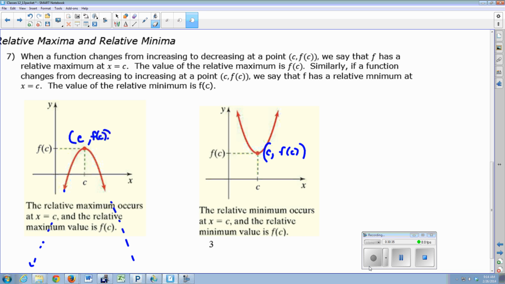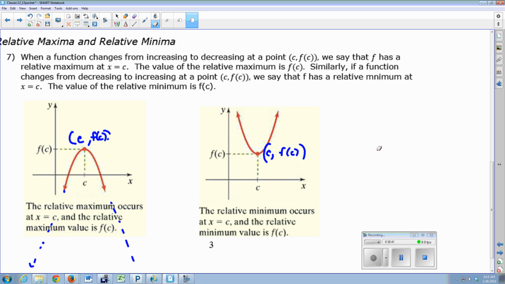They're only interested in the output value. So when they're asking you to define what a relative maximum is, you're looking for the value. Make sure you underline this in your notes. You're looking at the value of the relative maximum, which is your output value, F of C. And if they're asking you for a relative minimum, it's the value, F of C.